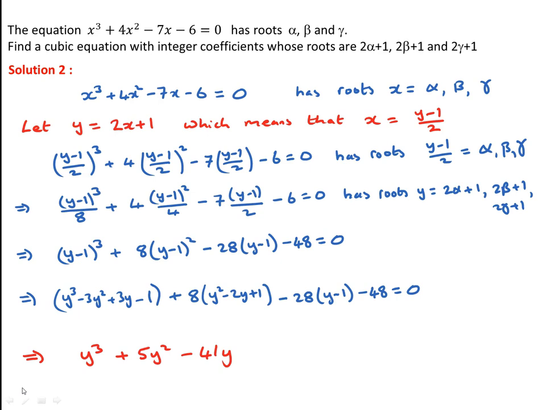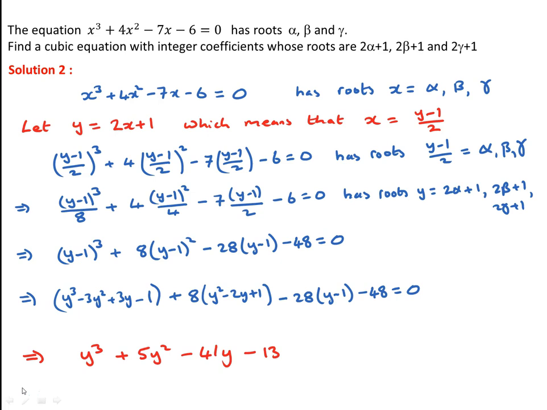Finally, looking at the constant terms, I've got minus 1 from the first bracket, plus 8 from the second bracket, plus 28 from the third one, and then I've got the minus 48 as well at the end, and that altogether gives me minus 1 plus 8 plus 28, take away 48, so that is minus 13.